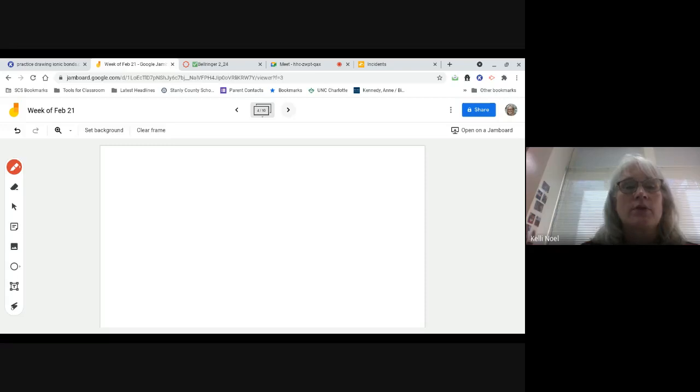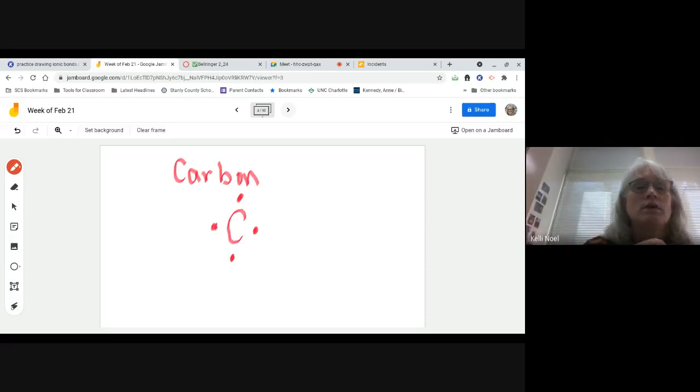So I'm just going to write the word carbon here. You're going to see that it is in column 4A. So you're going to draw the symbol. Carbon, the symbol is C. And you're going to put the group number, which is 4, as the valence electrons. So you're going to put 4 electrons around carbon. And so for number 1, that is what you need on your paper.